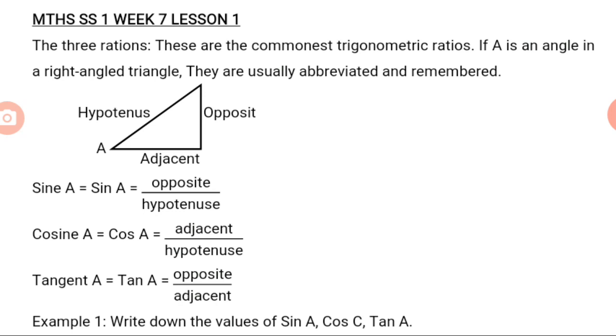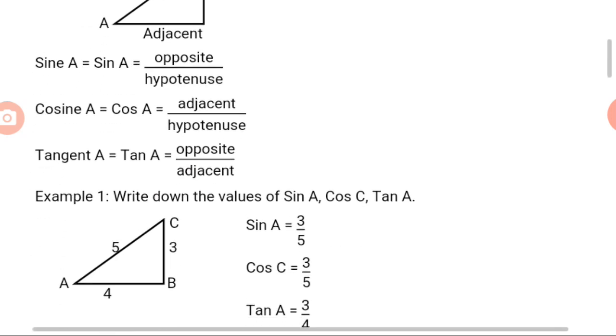Then cosine A, that is cos A, cos is cah, that is adjacent all over hypotenuse. While tangent, that is tan A, is toa, that is opposite all over adjacent.